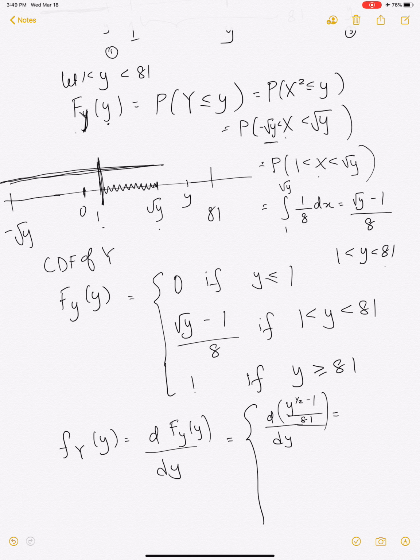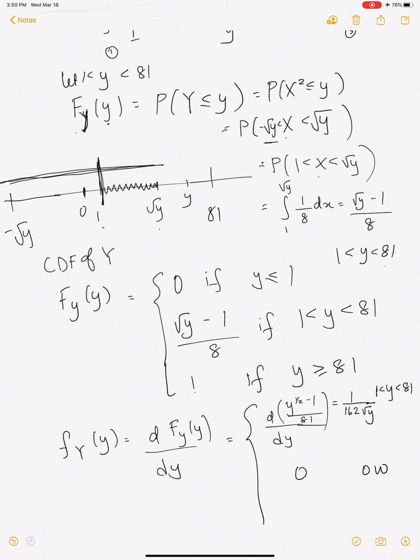That's 1/2 y to the negative 1/2 over 8, so it's 1 over 16 square root y, if y is between 1 and 81, and 0 otherwise.